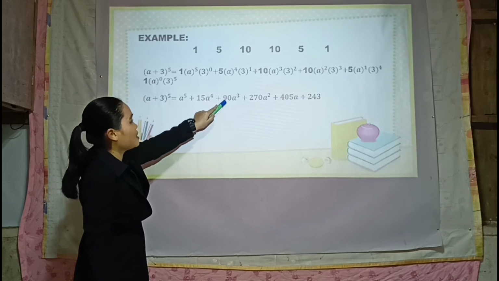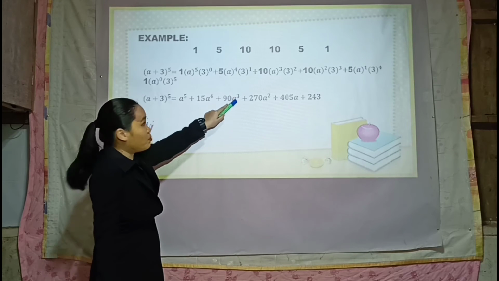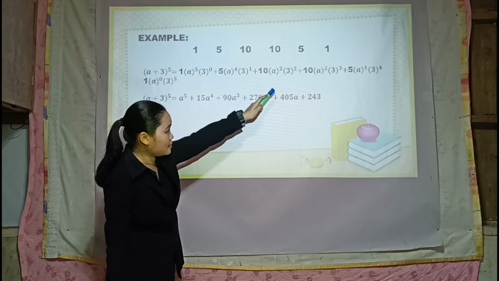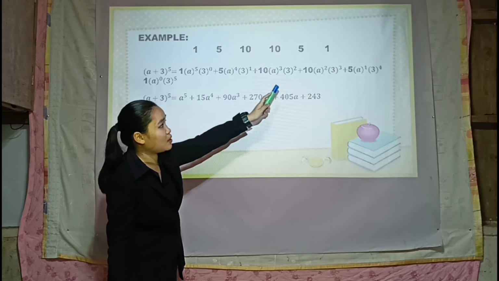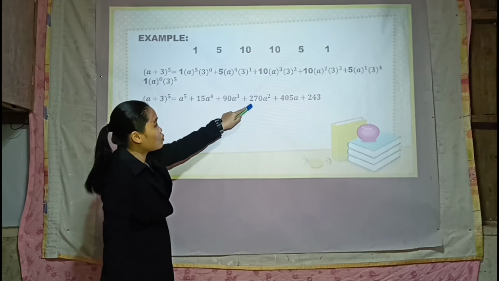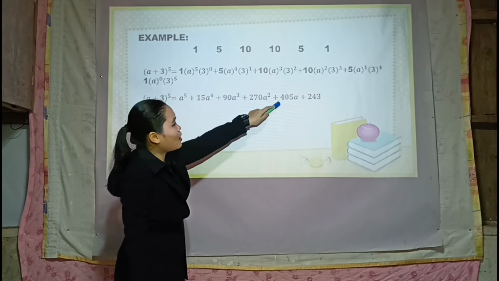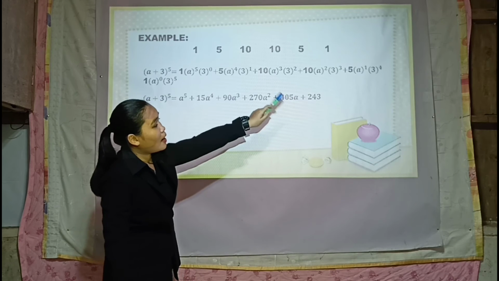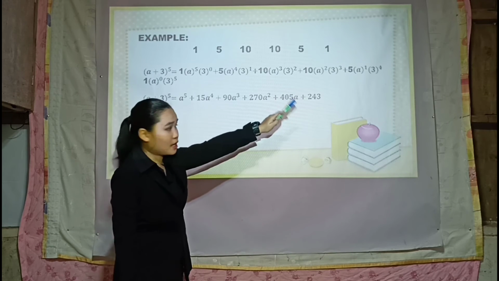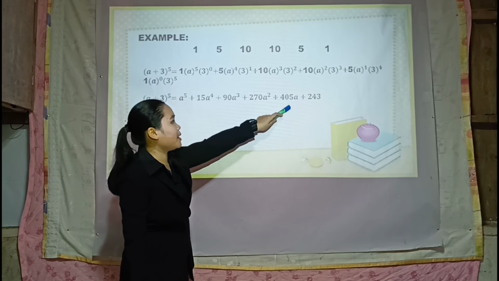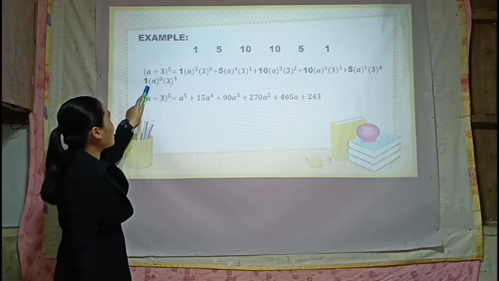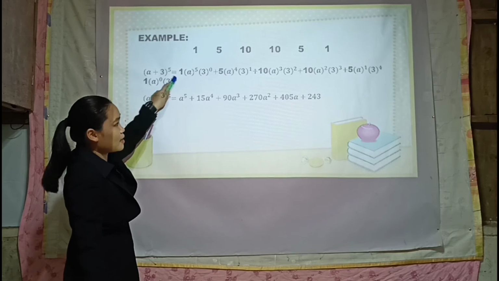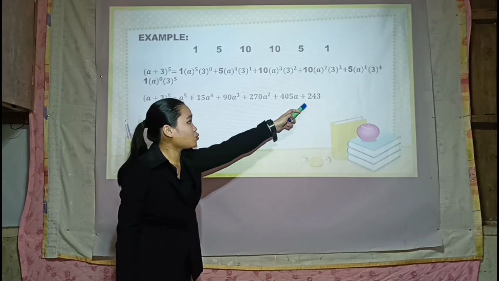We have the answer 90a cubed plus 270a squared because 10 times a squared times 3 cubed is equal to 270a squared plus 405a because 5 times a raised to 1 times 3 raised to 4, the answer is 405a, plus the product of 1 times a raised to 0 times 3 raised to 5, the answer is 243.